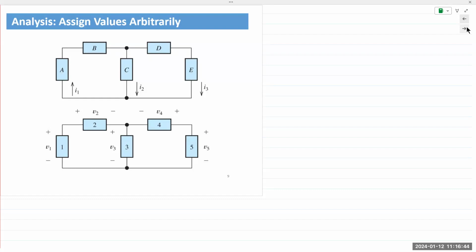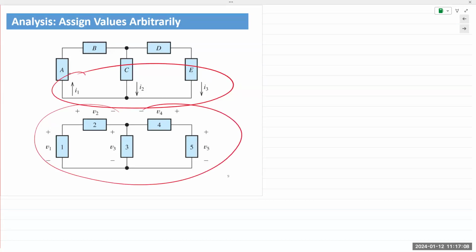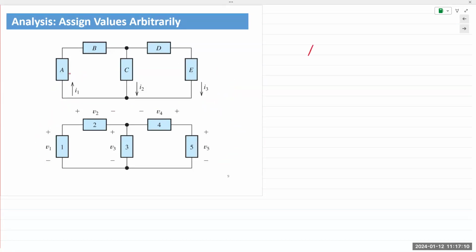We make certain assumptions before we begin our analysis, and those assumptions are based on certain logic, but they are completely random, completely arbitrary. In this case, we are given I1, I2, I3, and we are given the voltage polarities. They're completely random.